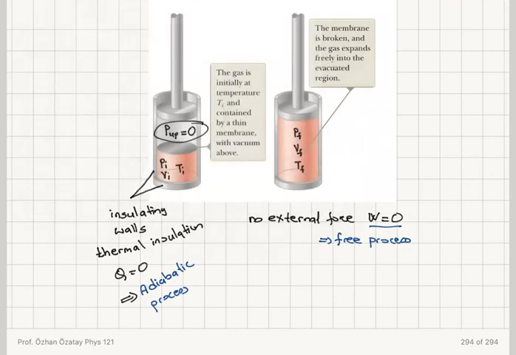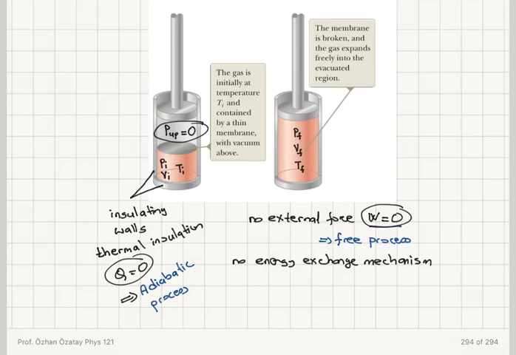All right. So the heat added to the system is 0. The work done on the system is 0. That means there is no energy exchange mechanism. No mechanical energy can be added to the system by doing work on the system.